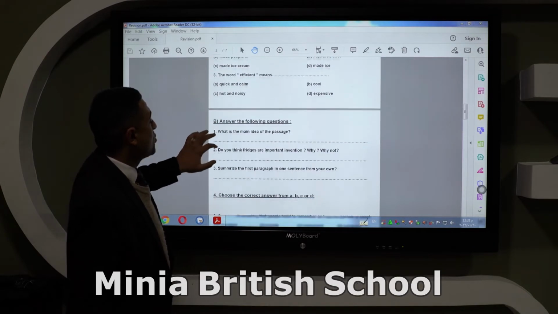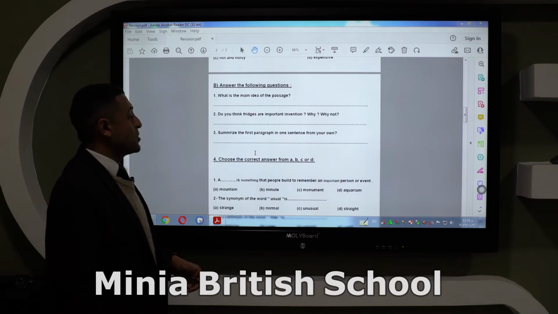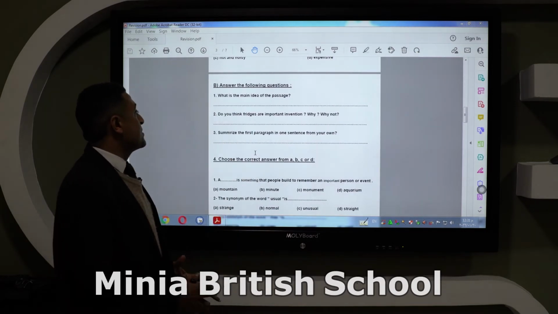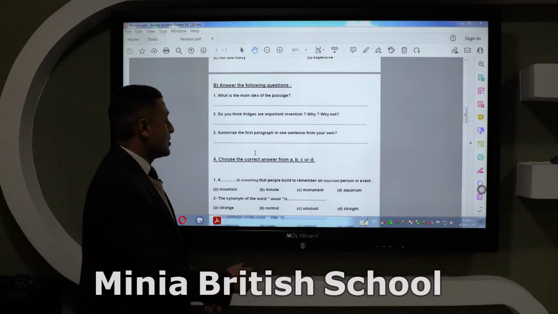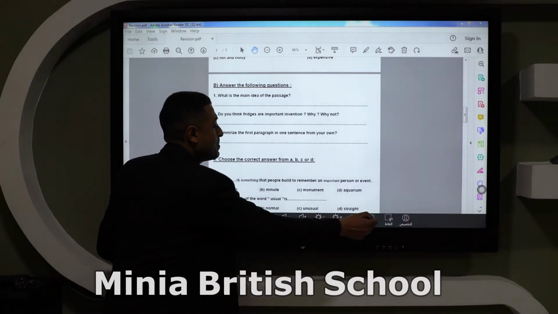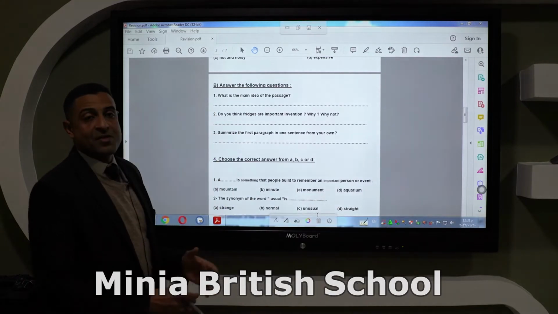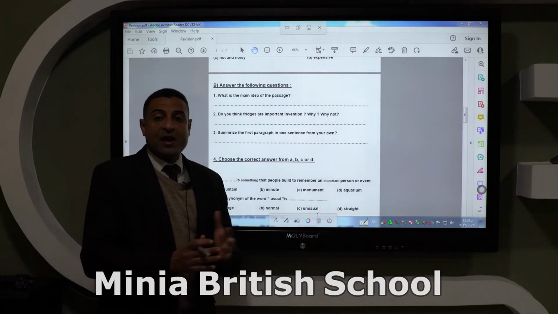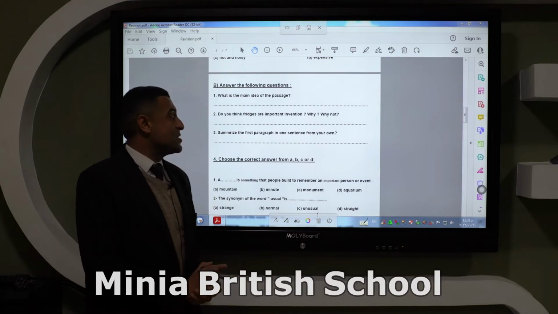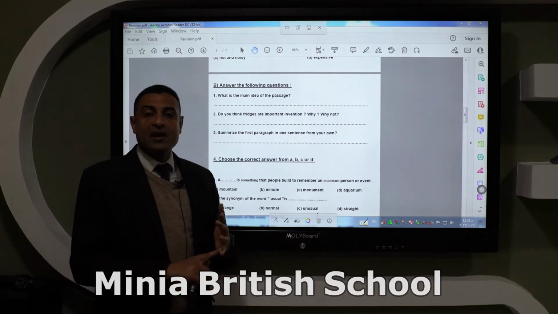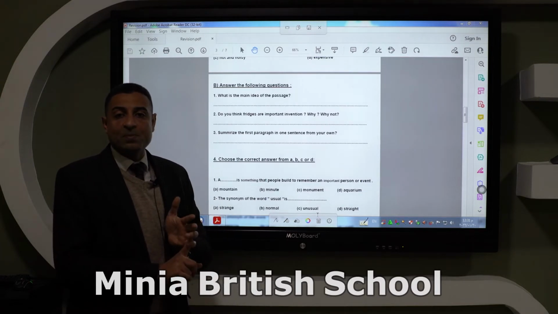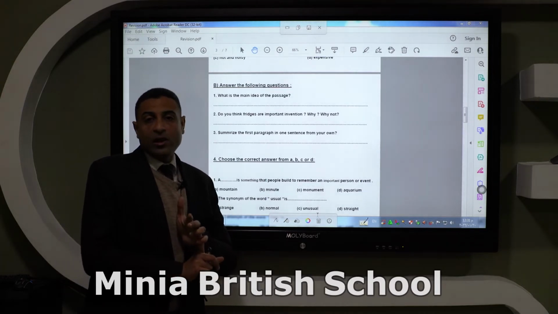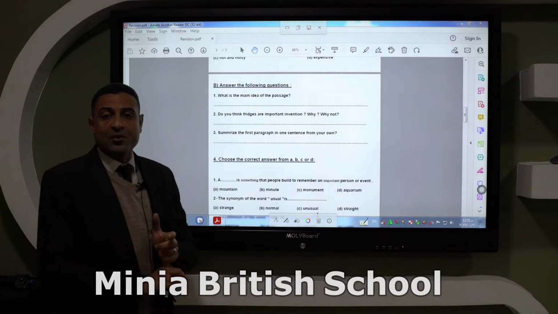So to move to the other questions, the open-ended questions: what is the main idea of the passage? Here we can have different answers between students. Someone can say inventing the fridge, it's a very good answer. How to keep our food cool and cold, it's also another answer.